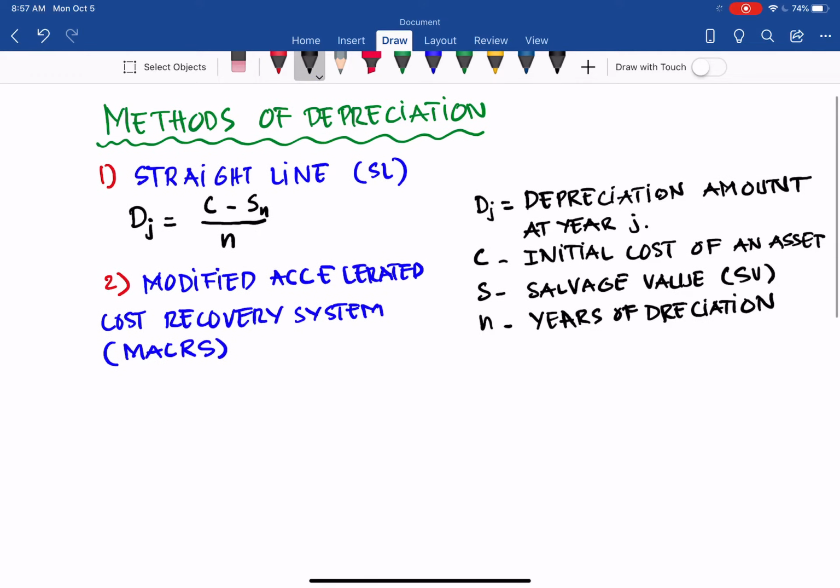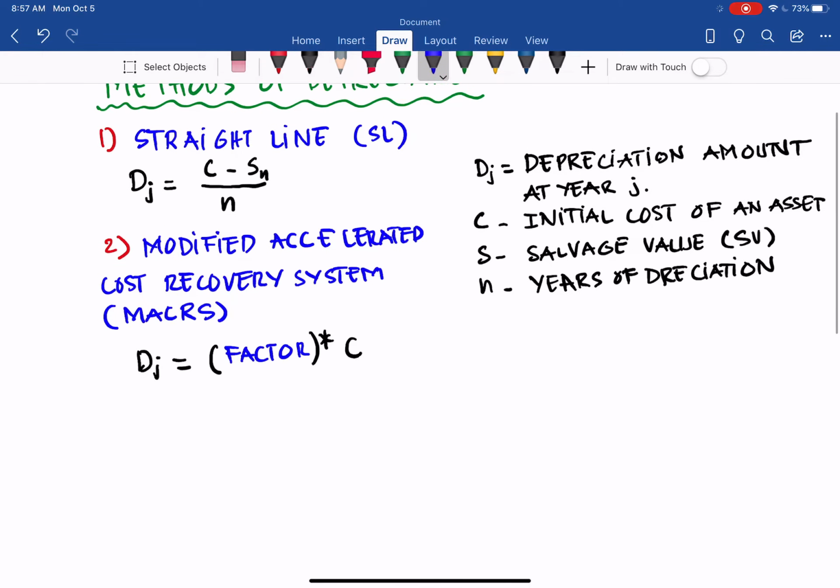The equation to determine the depreciation amount is equal to a factor times the initial cost. And I'm going to define what the factor is. For the factor, we can use the table in the FE reference.